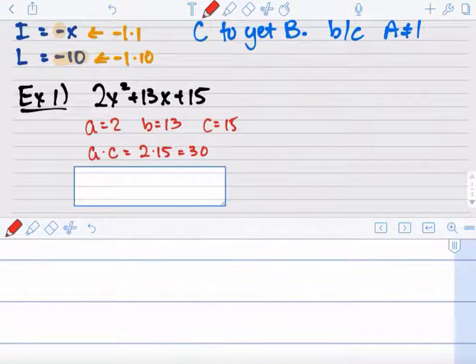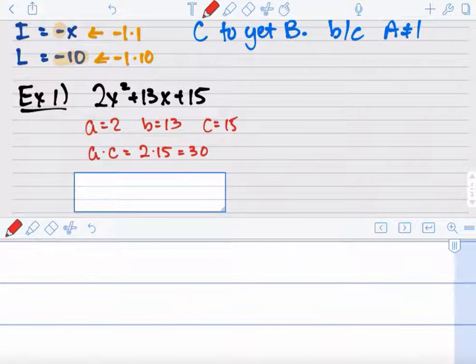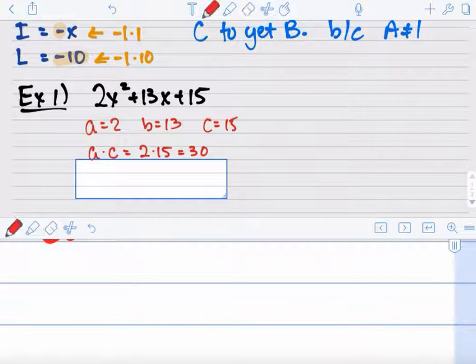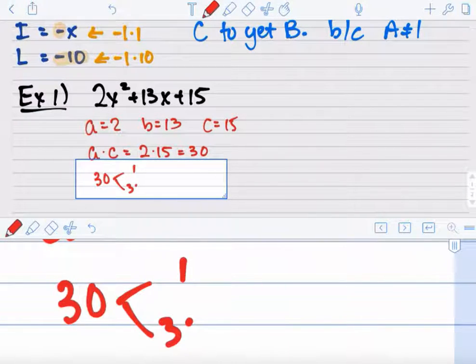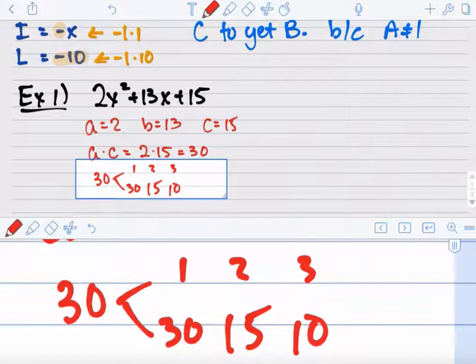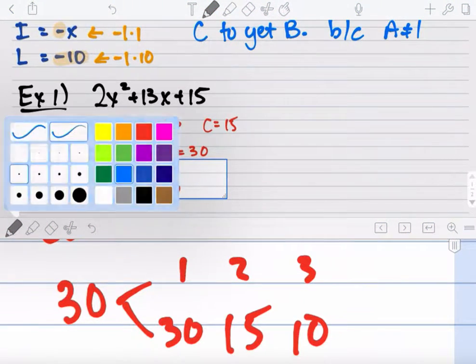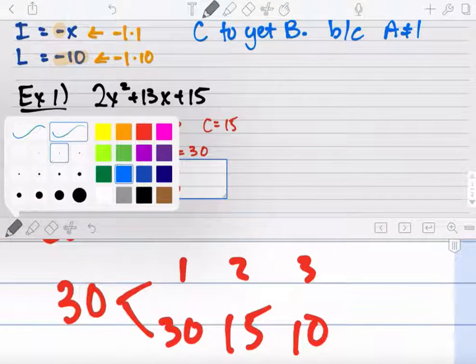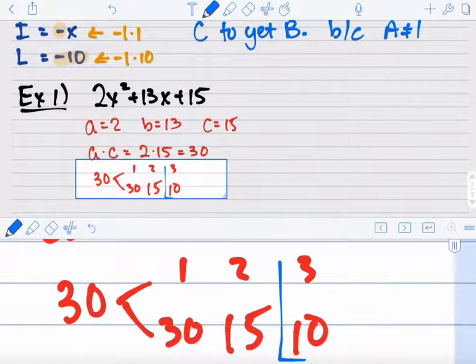Then I'm going to ask, what are the factors of 30 that add to 13? So 1 and 30, 2 and 15, 3 and 10. Oh, that gets me real quick. I'm there at 3 and 10, because 3 plus 10 is equal to 13.